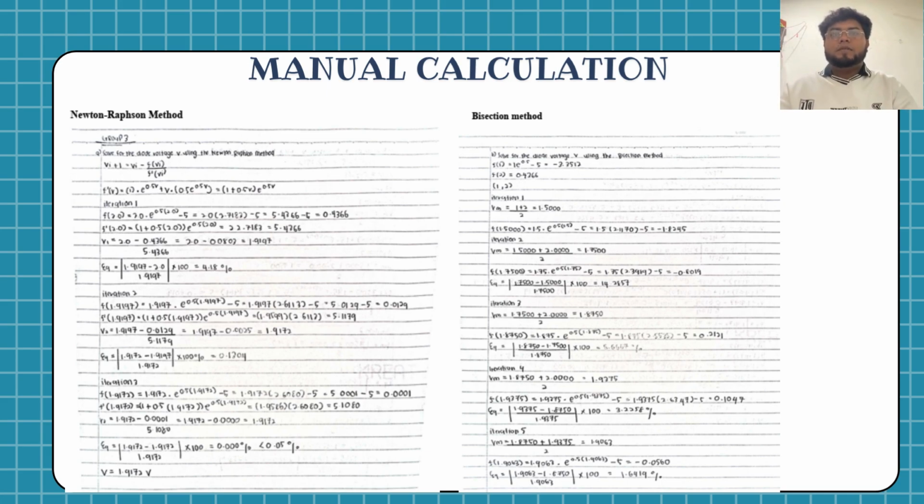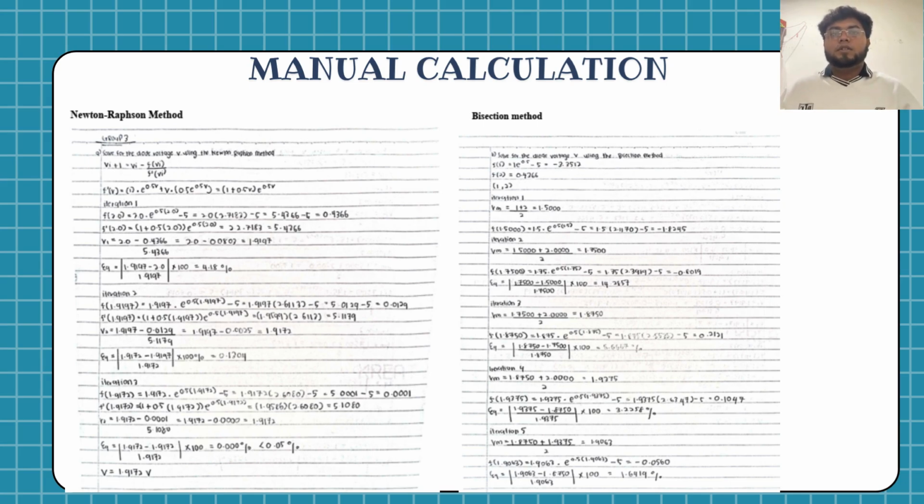For the Newton-Raphson method, we first define the nonlinear equation as f(V) equals 0. The derivative of the function, f'(V), is also determined. The iterative formula used is V(n+1) equals V(n) minus f(V(n)) over f'(V(n)).